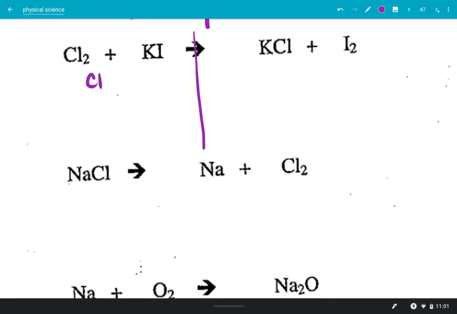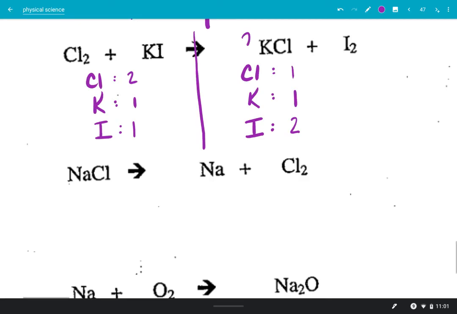Chlorine, KI. 2, 1, 1. 1, 1, 2. I'm going to take the iodine. Let's start with the chlorine.